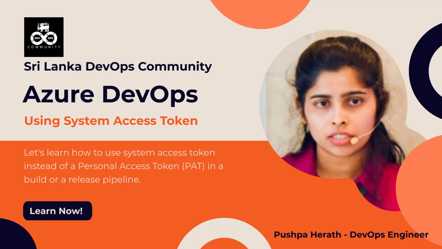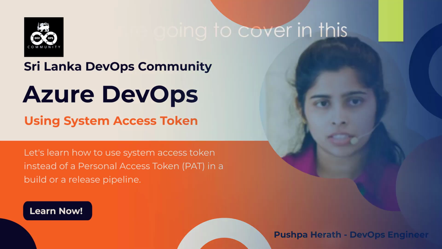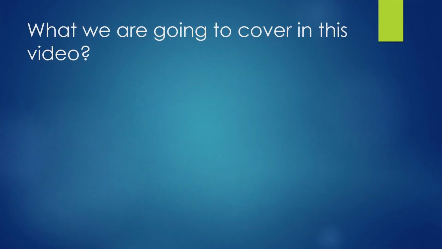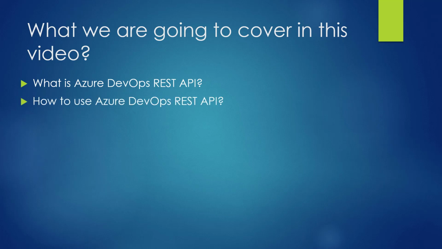Today we are going to look at how to use System Access Token instead of Personal Access Token in Azure DevOps build and release pipelines. Let me give an overview of what we are going to cover in this video. First, I will give a brief explanation about REST API. Then we'll see how to use it.